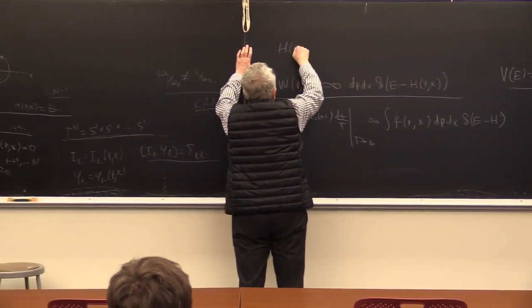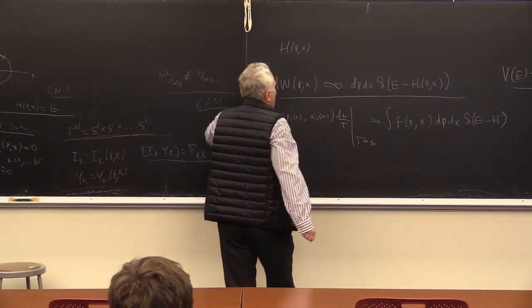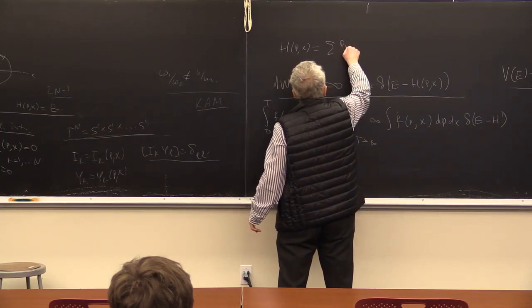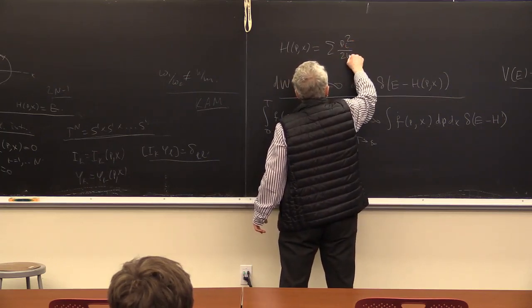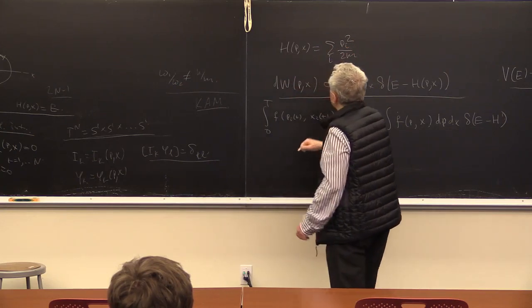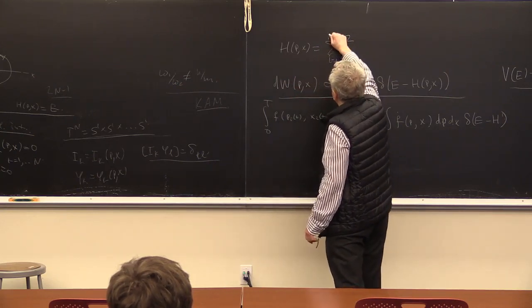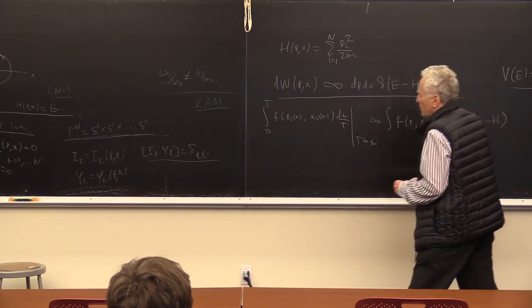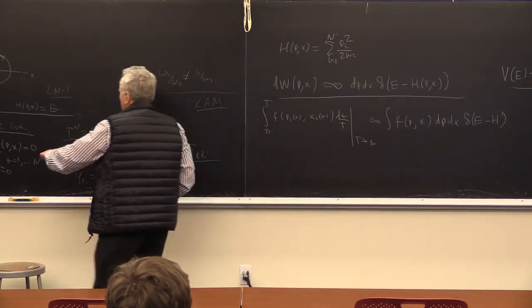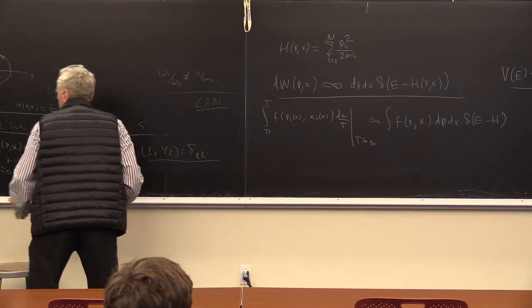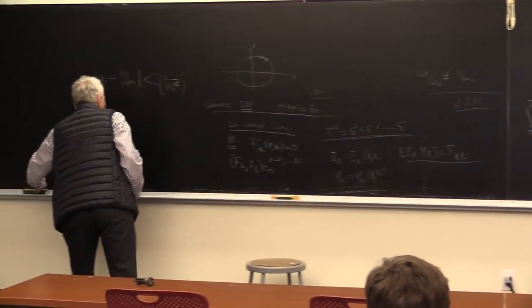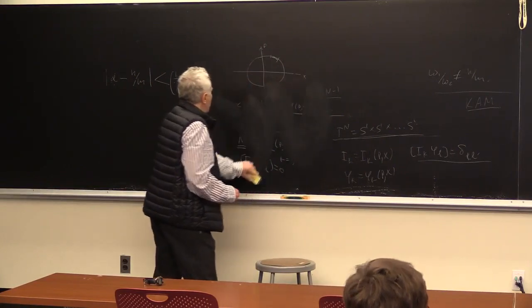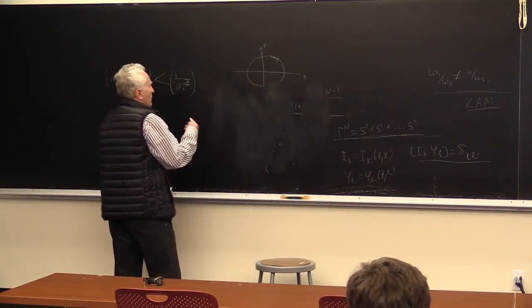The Hamiltonian will be simply the sum, and so the volume of the phase space, the total volume.